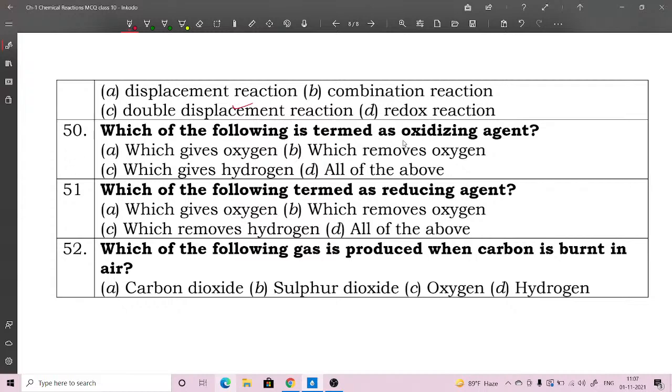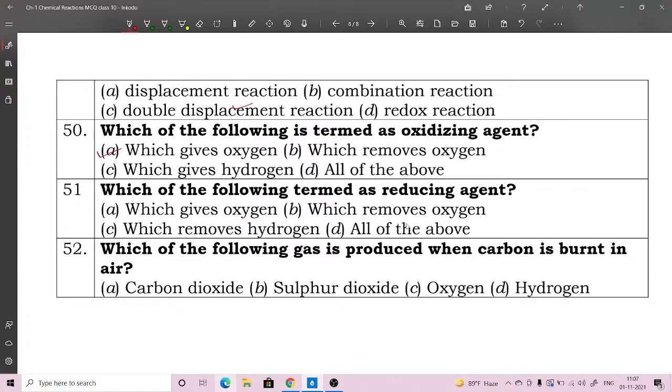Which of the following is termed as oxidizing agent? One which gives oxygen, one which removes oxygen, one which gives hydrogen, or all of the above. The correct option is A, one which gives oxygen. Which of the following is termed as reducing agent?